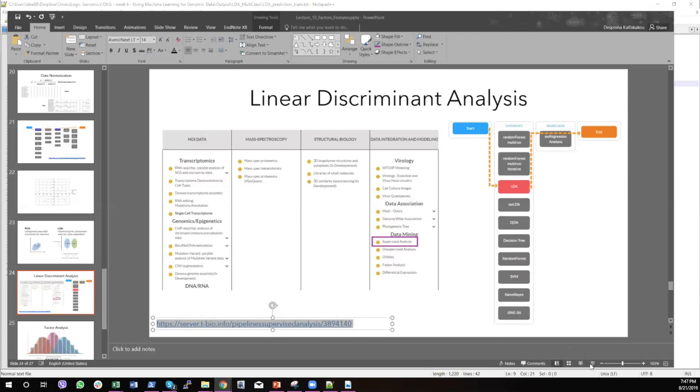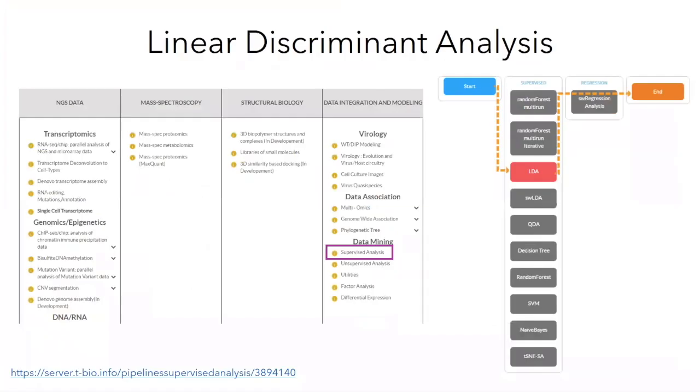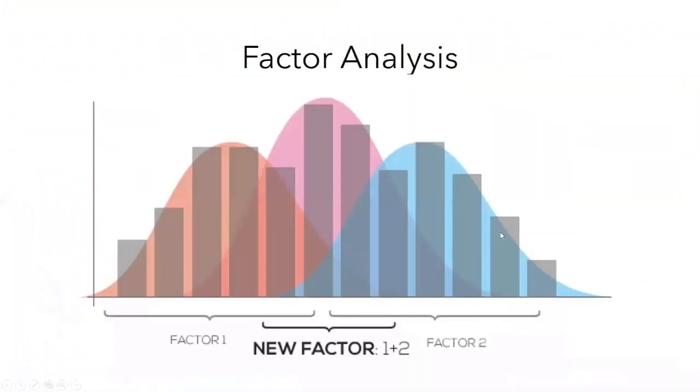Okay. So if you don't have anything else to ask, let's move to the last section of today's lecture. Is that okay? I guess so. For the last section, we will see what factor analysis is and how it is performed. Factor analysis is an analysis of correlations between factors and patterns in the data.